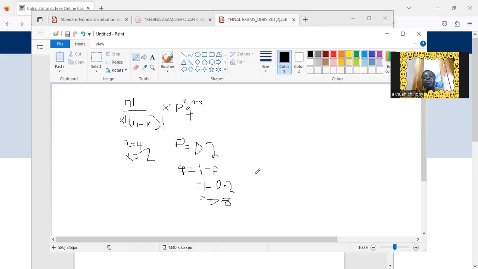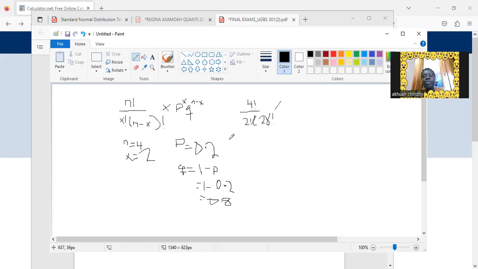Alright, so now we found the values for the various variables in the formula. Now we just plug them in, solve with our calculator and get our answer. We said n is 4, so we have 4 factorial all over x, which is 2, so 2 factorial, times n minus x all factorial. n is 4, x is 2, so the remainder is 2, so we have another 2 factorial.